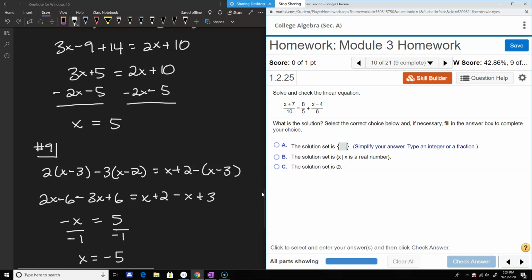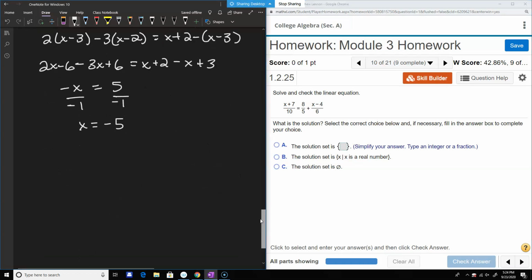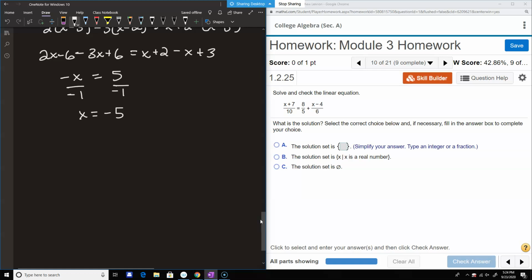Okay, when you have a linear equation with a bunch of fractions, there's a nice trick so that you don't have to add things and get common denominators. What you can do is multiply everything by a common multiple of the denominators, and then all the fractions will vanish until the last step. So number 10 here, there's a nice trick.